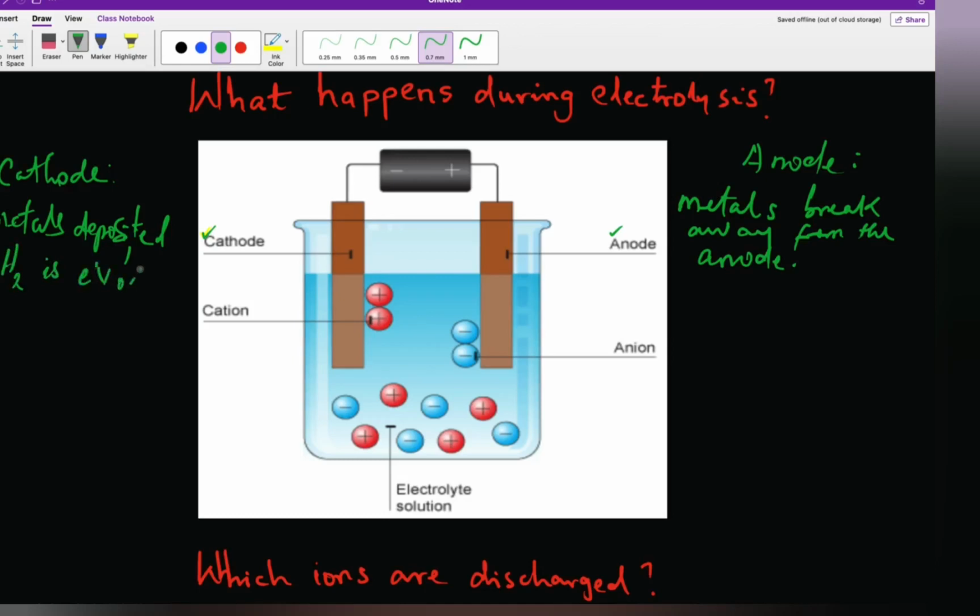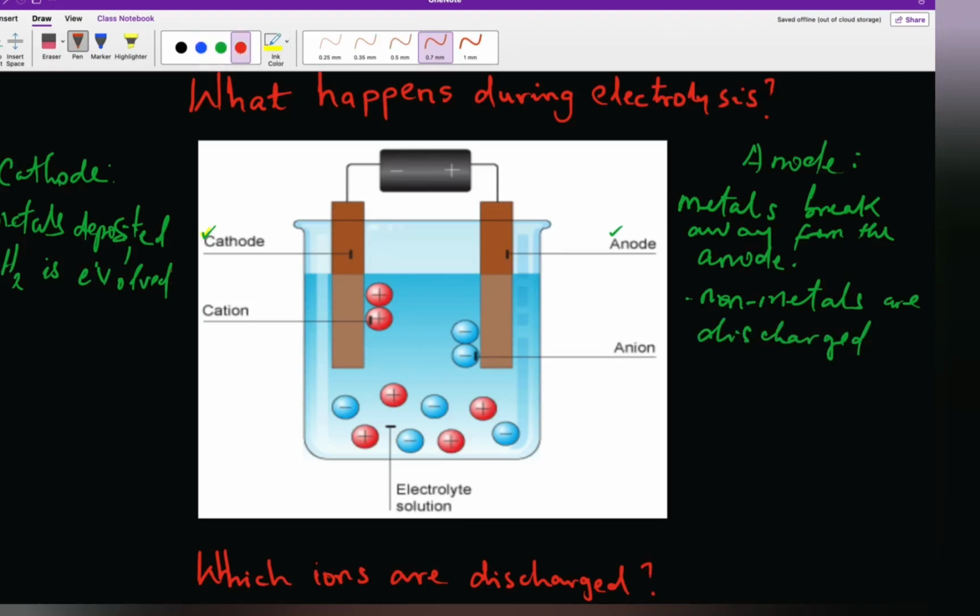Then at the anode, you will also see that non-metals are discharged at the anode. If you look at it critically, non-metals are discharged here.